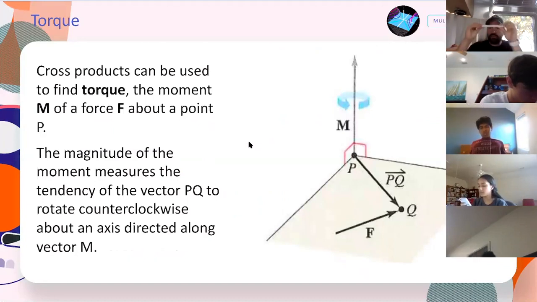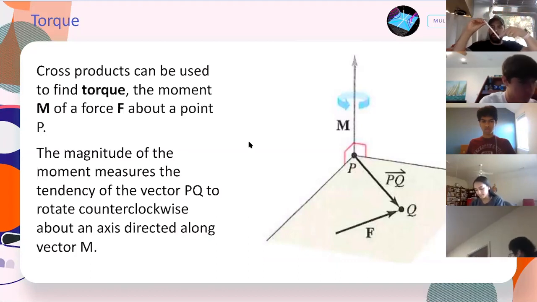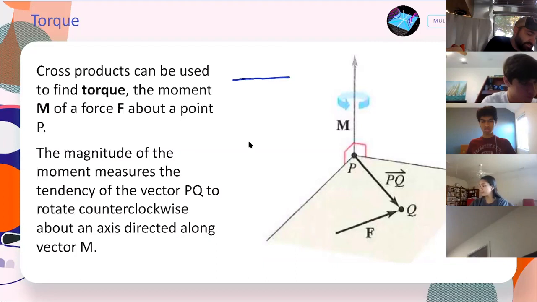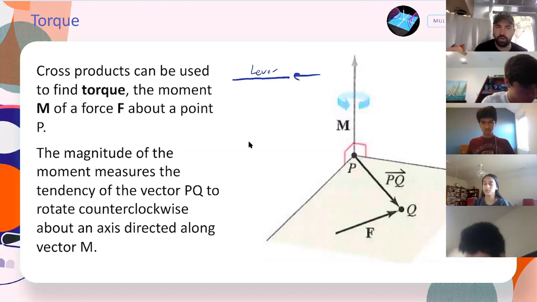So think like if I have a lever and I push on the lever, it's giving me the tendency, like if I push at this angle, or if I push at this angle, it's the tendency of that lever to want to turn. So if my lever looks like this and I push with a force here, it's not going to want to turn at all.